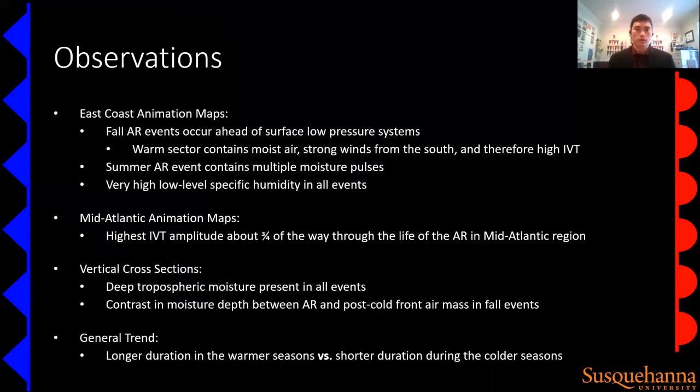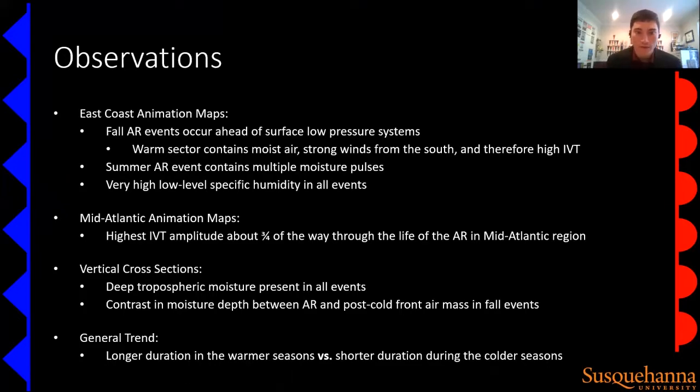And so just a summary of all the observations that I made throughout my case studies. Looking at the East Coast animations, during the first 2 case studies, the fall events occur ahead of a surface low pressure system, and the warm air comes from relatively the south, whether directly south or southwest, and therefore results in a high IVT, and that includes the winds that come with it.